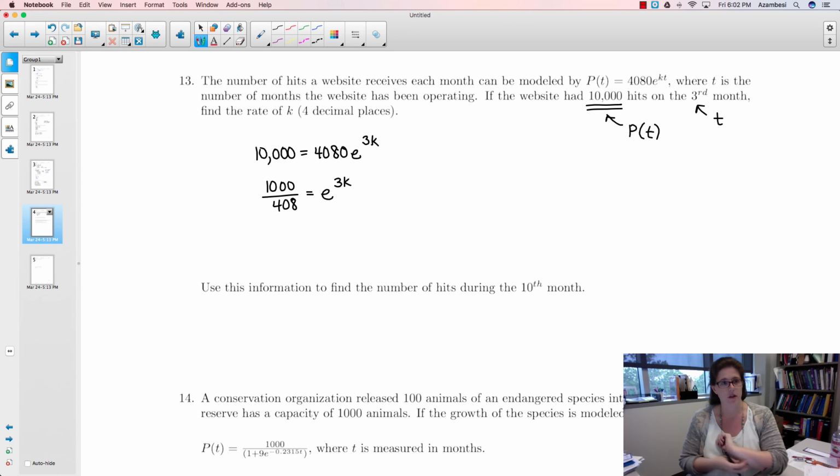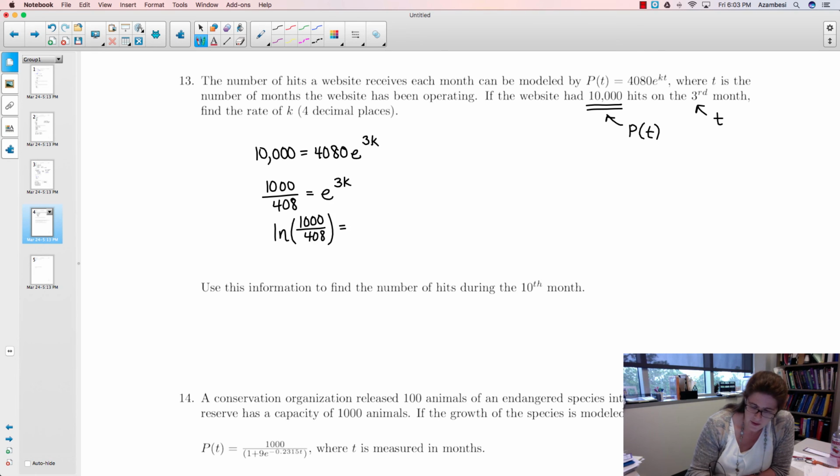And converting it to log form so that I can solve, I have the log base e, or the natural log, of 1,000 over 408 equal to 3k.